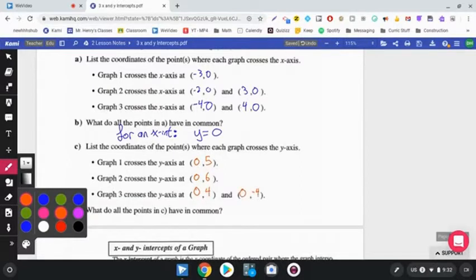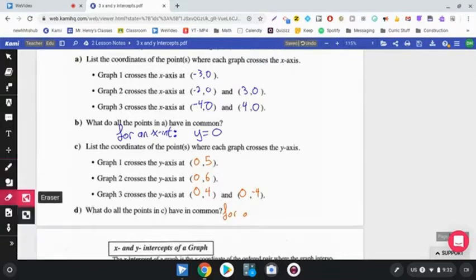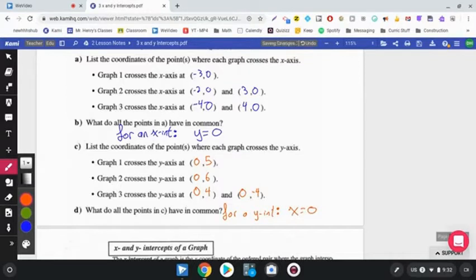So you look at all of those points and you say, what did those have in common? I'll start the statement for a y-intercept. For a y-intercept, all of those values have an x value of 0. In order to stay on that y-axis, I can't have gone side to side at all. I just went up or down, so my x value is 0.